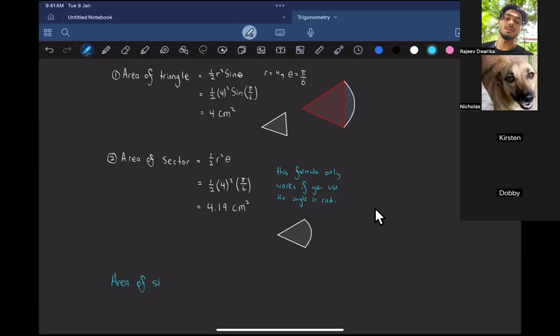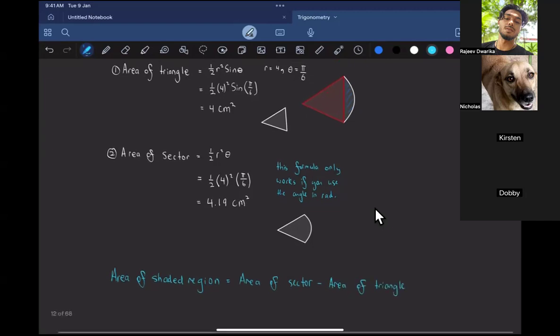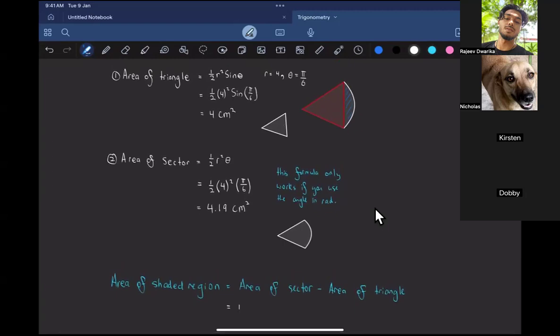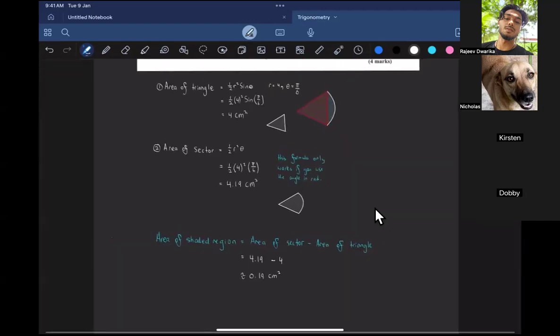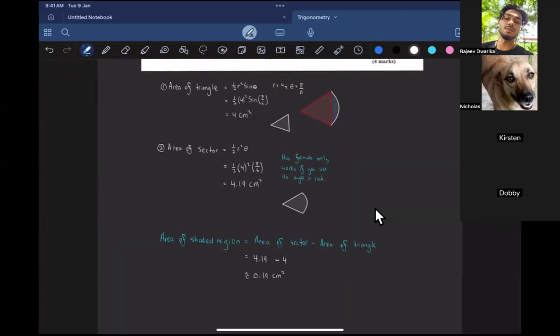The area of the shaded region is equal to the area of the sector minus the area of the triangle. So the area of the sector was 4.19, 4.19 minus 4. So the area of the shaded region is approximately 0.19 centimeters squared. That's how we handle that question.